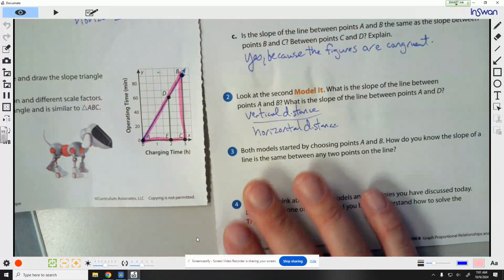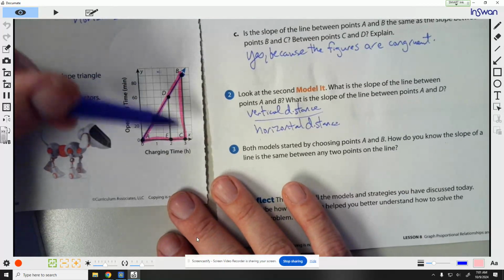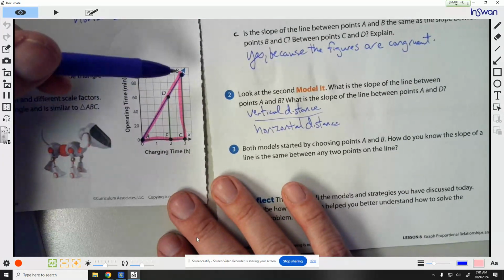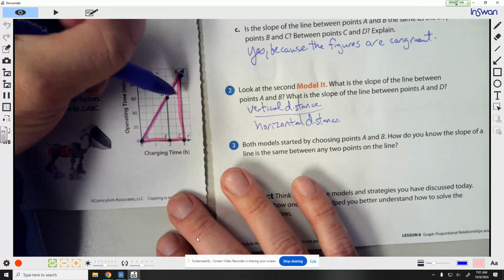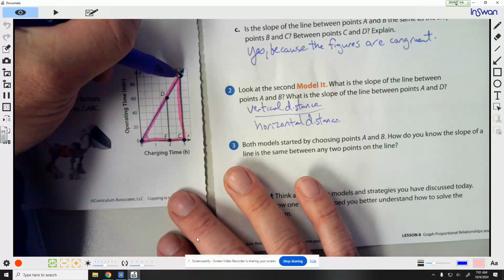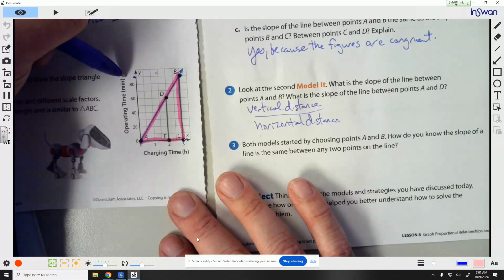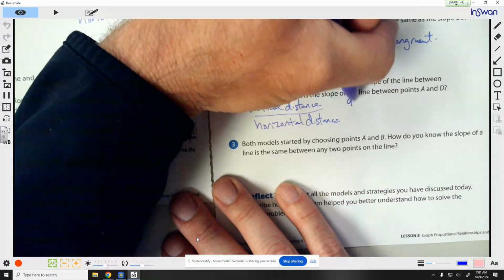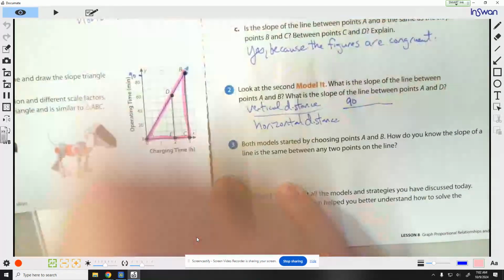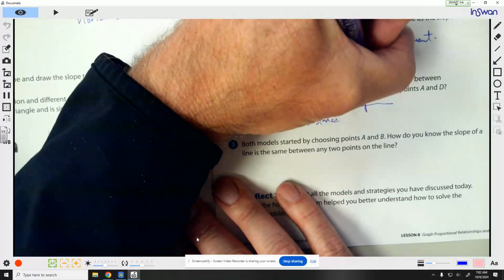Okay, so to set up this problem, let's look at the vertical distance, straight up and down of this big triangle right here. Starting at 0 down here, it goes all the way up to point B, which is going to come over here and represent 90 on the y-axis. So my vertical distance would be 90. And again, this is operating time in minutes.